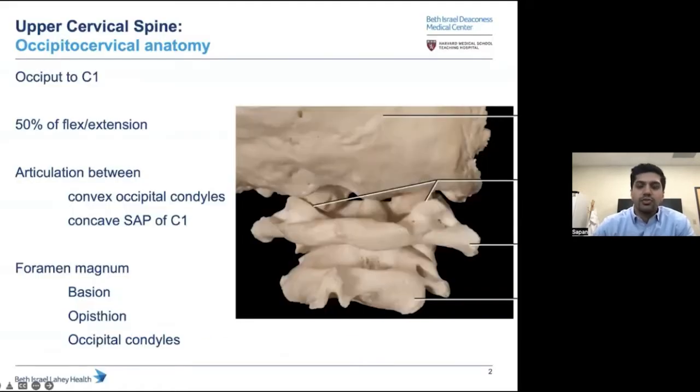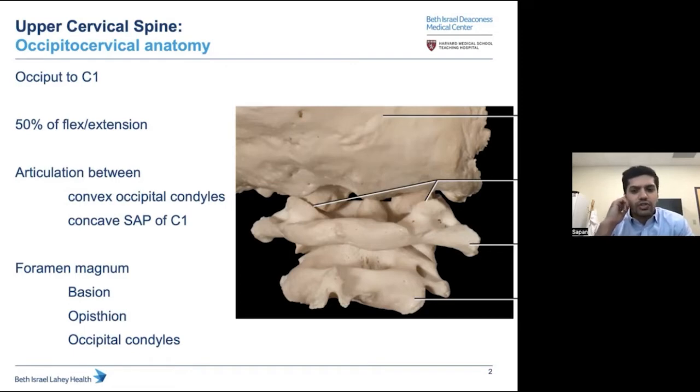Essentially, it's useful to talk about cervical spine anatomy in two basic categories: the upper cervical spine and the lower cervical spine. They behave differently, have different anatomic features, and as a result, the trauma to those two areas is different. So we'll start with the upper cervical spine, which behaves in its own unique fashion.